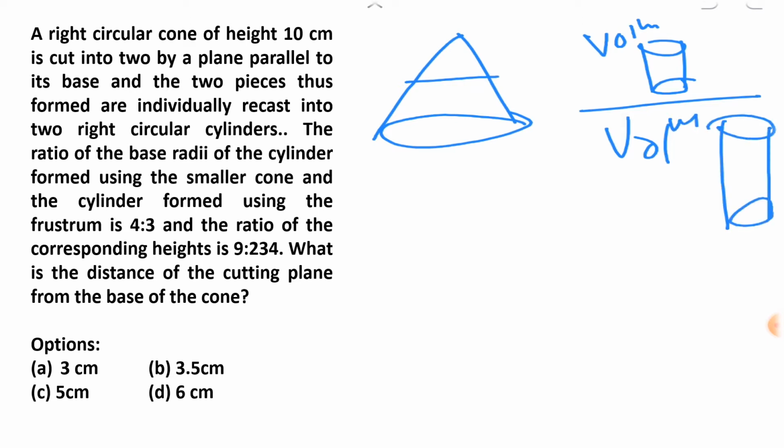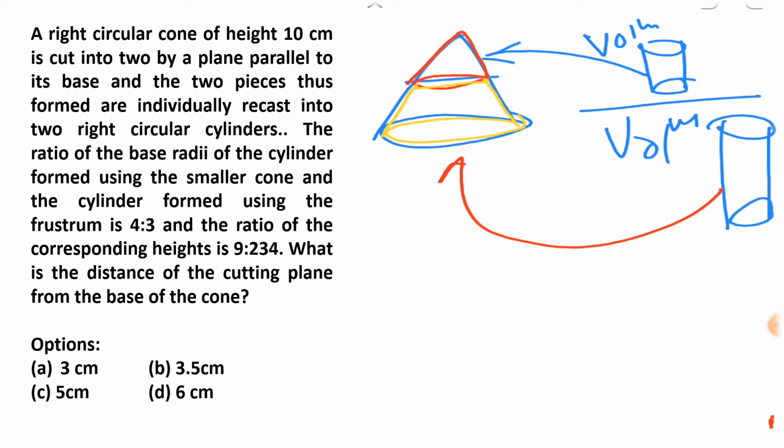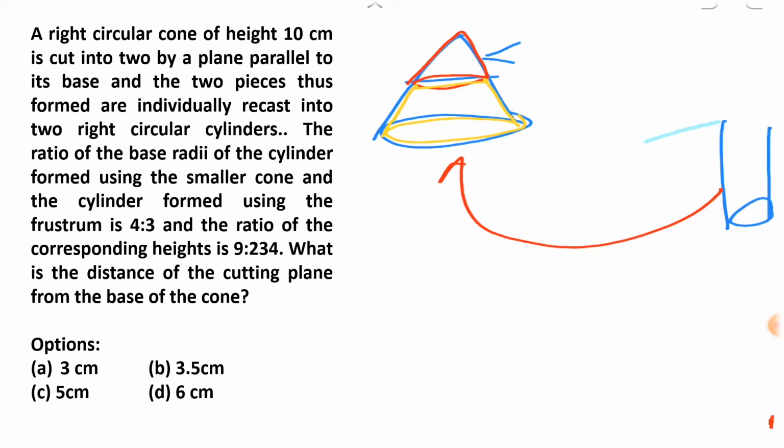And as we remember, the smaller cylinder is made up of the smaller cone present here after putting a cut, and the bigger cylinder is from the frustum, that is the lower portion, right? So when I get the volume ratio of both the cylinders, I actually get the ratio of the smaller cone to the frustum.